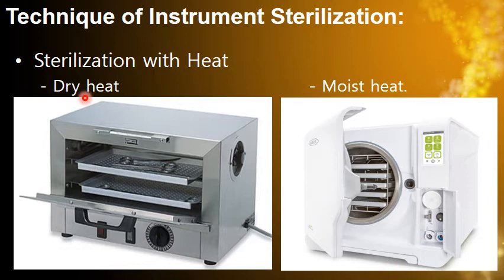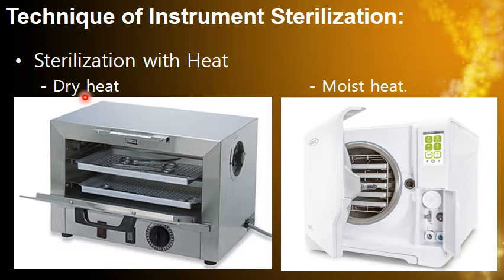Like, if I use heat at 170 centigrade, I set the oven for 170. When the oven reaches 170, I will measure 1 hour for the instruments to be completely sterile.